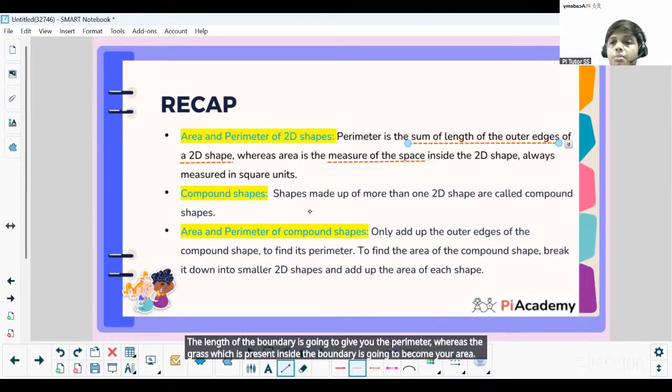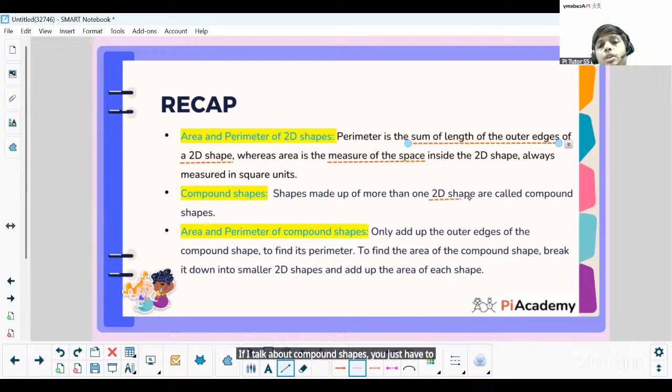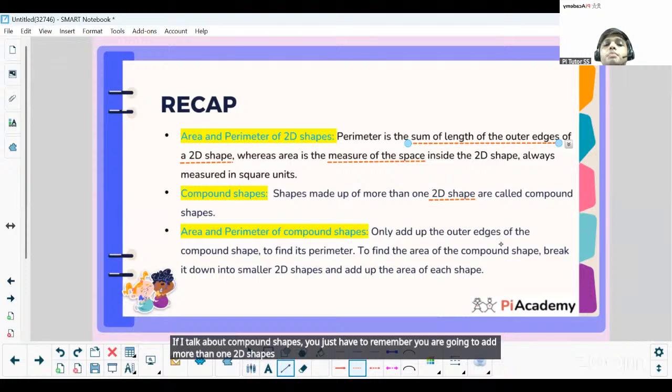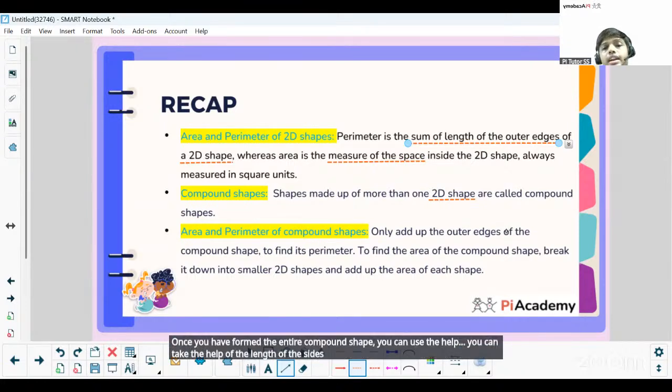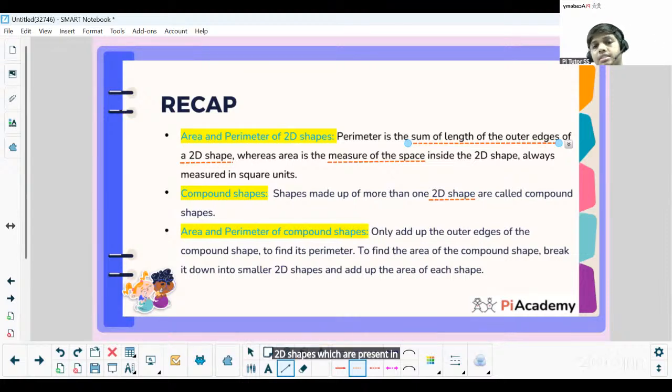If I talk about compound shapes, you just have to remember you are going to add more than one 2D shape together to form these compound shapes first. Once you have formed the entire compound shape, you can take the help of the length of the sides to calculate the entire perimeter, or you can use the area of the different types of 2D shapes which are present in it to get the final answer as well.